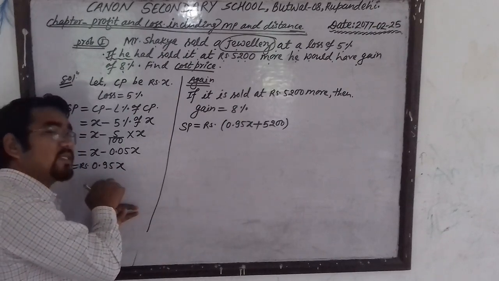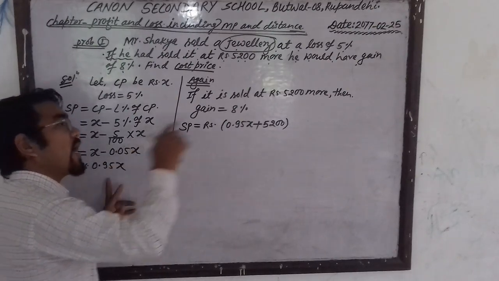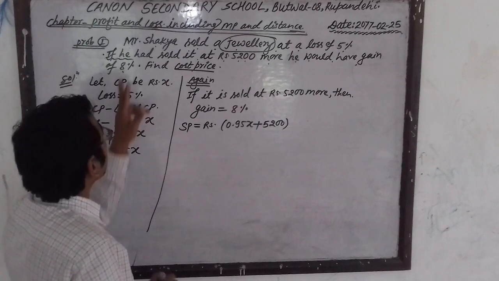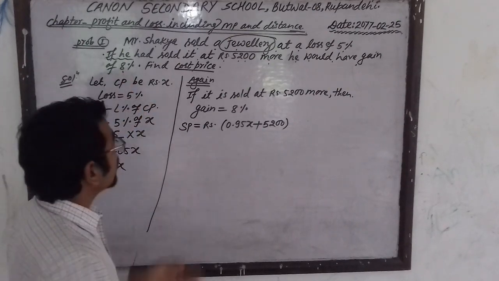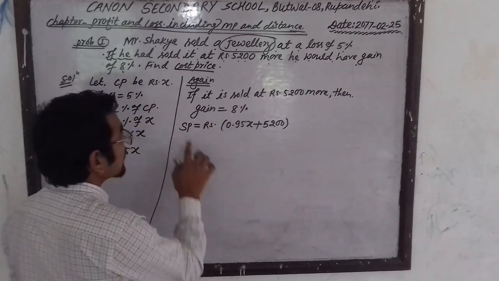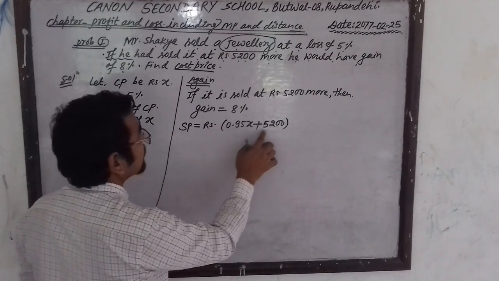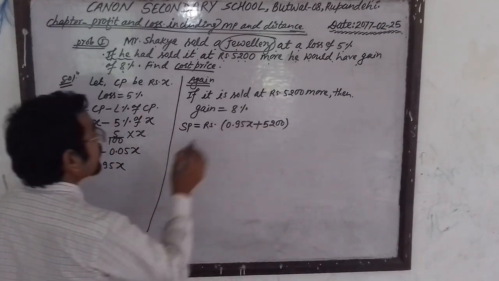So the selling price is 0.95X plus 5,200, and the profit is 8%.